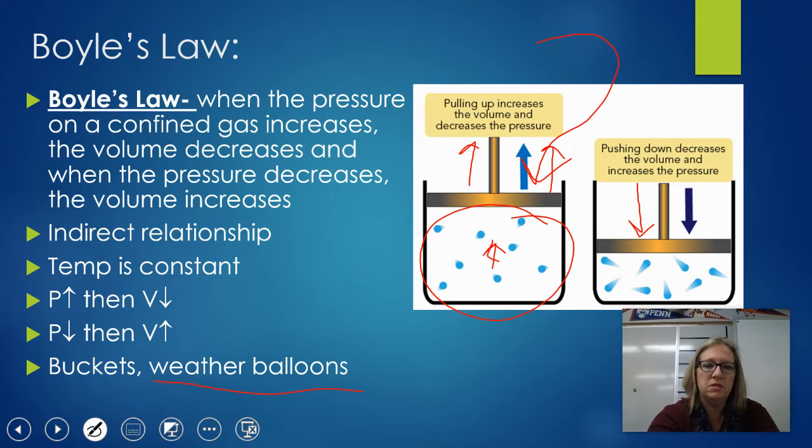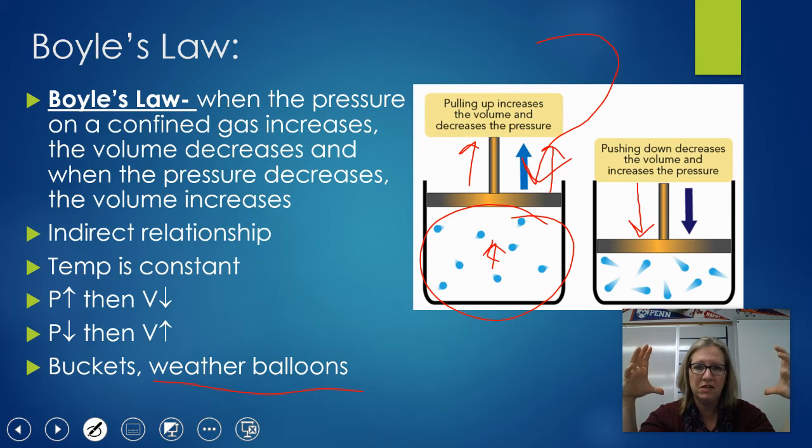Weather balloons are another good example. A weather balloon is filled with a certain amount of gas, takes up a certain amount of volume. As the weather balloon goes up in the atmosphere, remember, air pressure decreases as altitude increases. So as it's going up, the pressure on the balloon is decreasing, and so the weather balloon can expand.